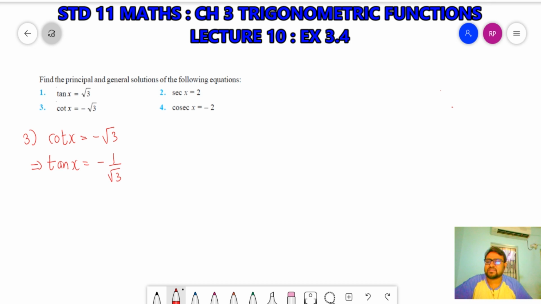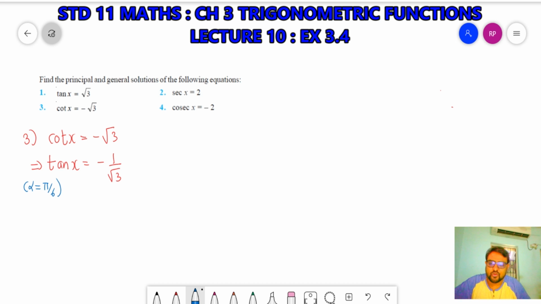Now say here it has a negative value. So what we can do is first find out when the value of tan is 1 by root 3. It will be at 30 degrees, that is pi by 6. So I'm writing in short, here alpha is equal to pi by 6.